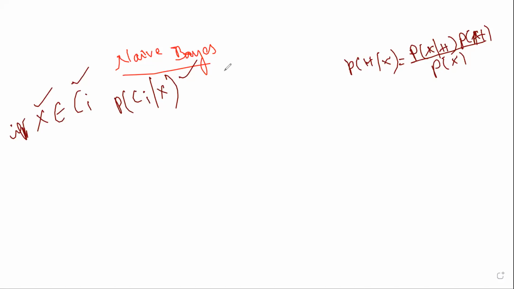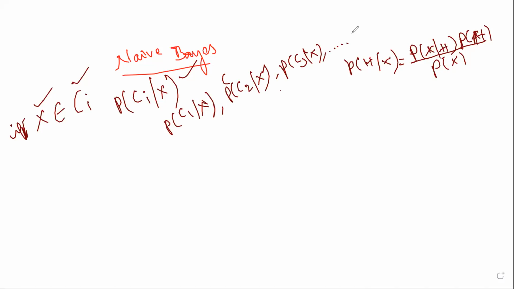Suppose we are having classes like C1, C2, C3. What is the posterior probability of class C1? P of C1 given X. Class C2? P of C2 given X. Class C3? P of C3 given X, and so on. We are having some M number of classes.